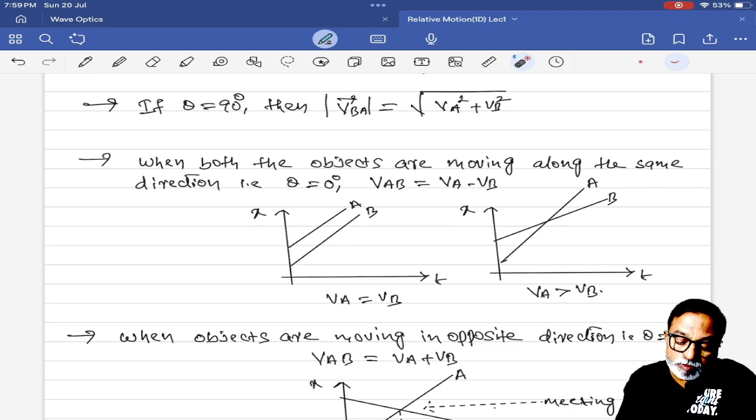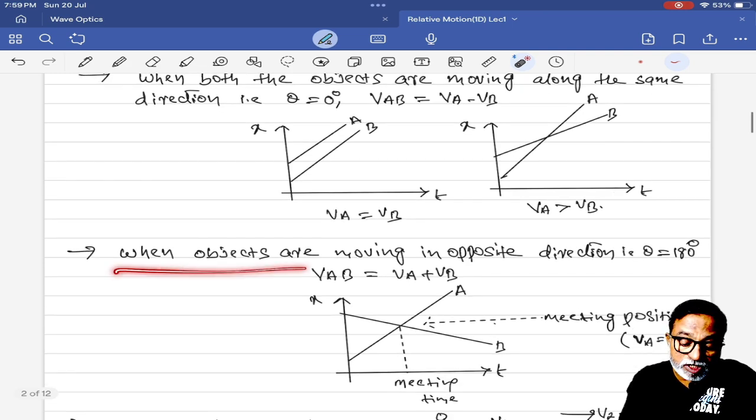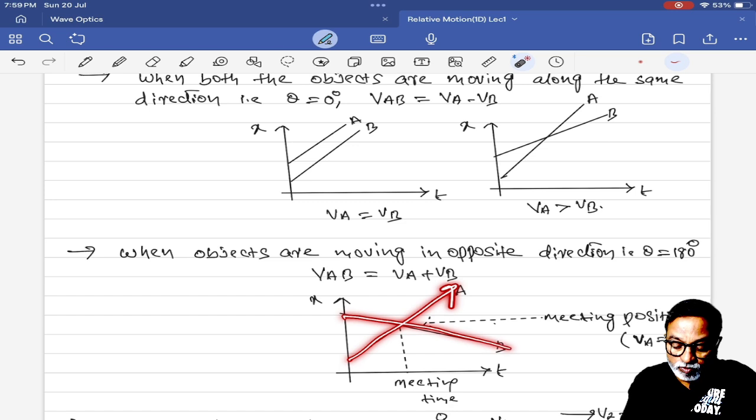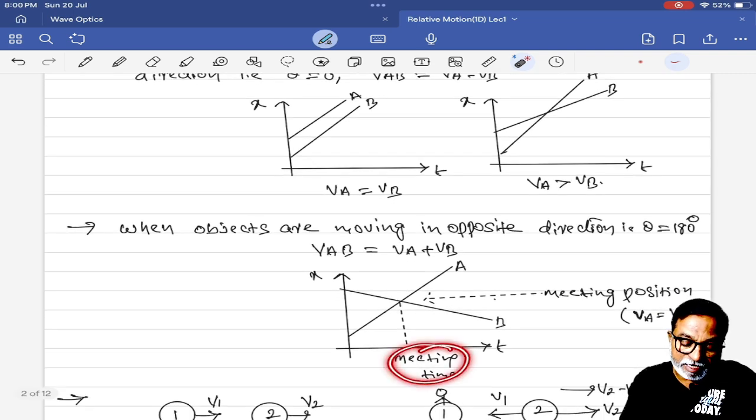Here the slopes are different; the slope of A is greater than the slope of B, therefore the velocity of A is greater than the velocity of B. When objects are moving in opposite directions, theta is equal to 180 degrees, then VAB is equal to VA plus VB. So here one object is moving like this, another like this, meaning they are moving in opposite directions. This is the meeting point, and this is the meeting time.